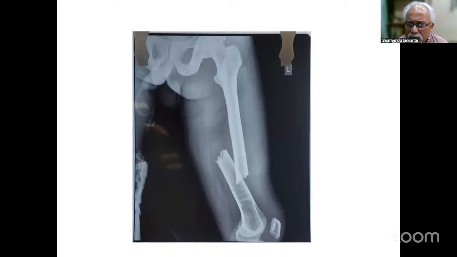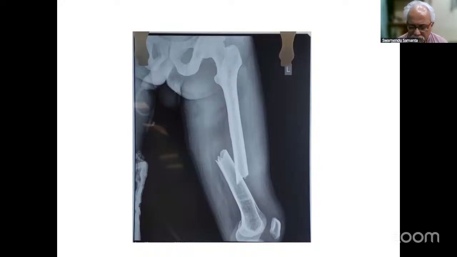So you must have the X-ray of the pelvis with both hips so that you don't miss the neck fracture, which is quite a missed injury. Probably the orthogonal view of the other part is not possible in a fracture shaft femur, but you must have a pelvic X-ray so that you don't miss any neck injury, acetabular injury, pelvic injury, SI joint injury, or the sacrum.